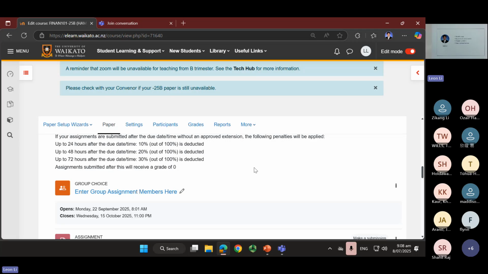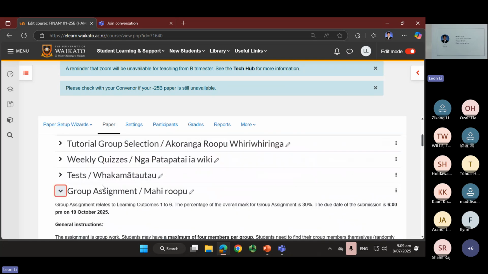If your similarity index is over 40%, you will receive a penalty. You can find the information online, but please rewrite your answer in your own words. Don't do a direct copy. Okay, this is our group assignment.